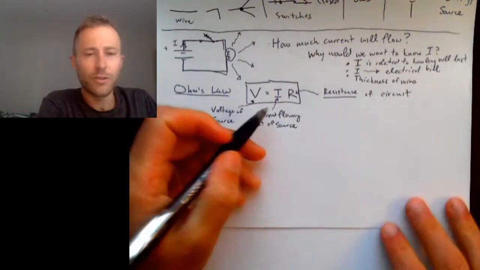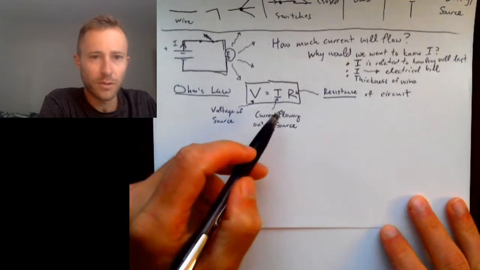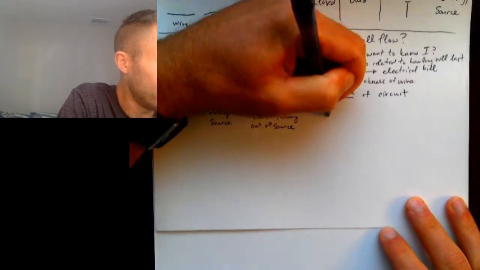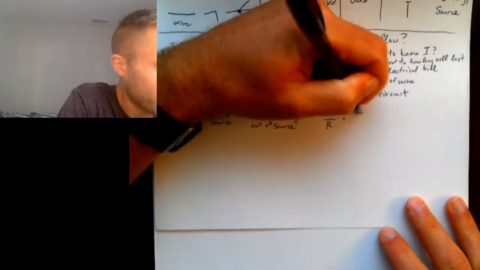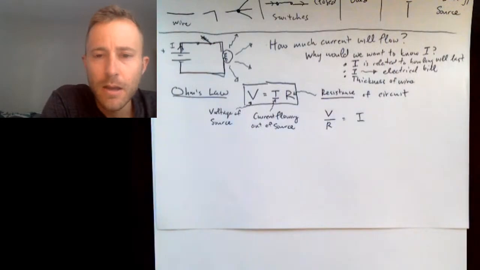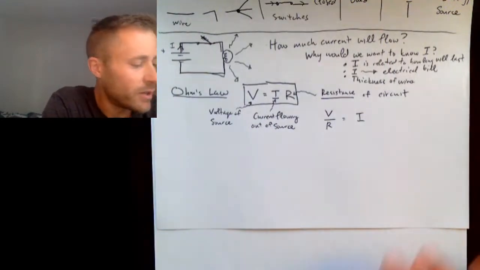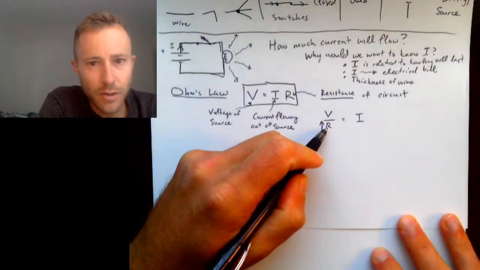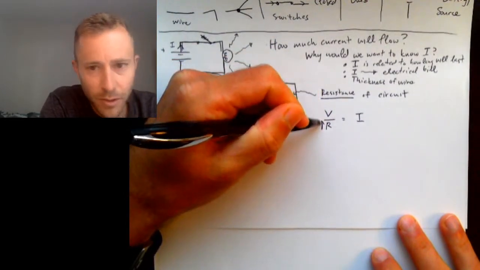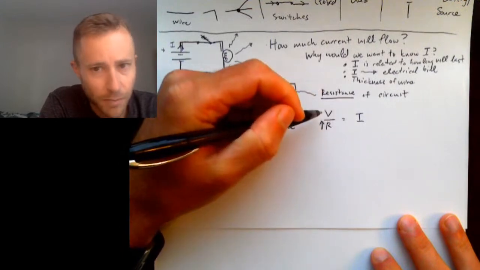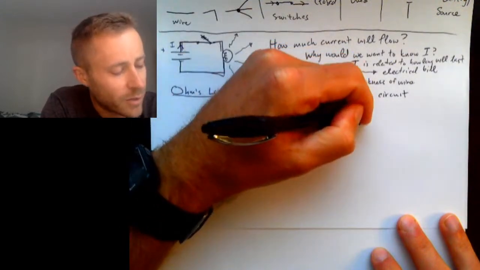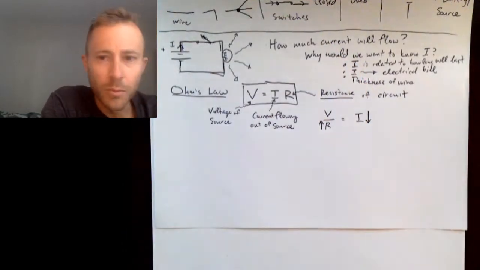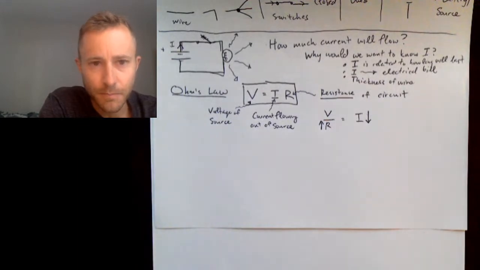So if I take this equation and I divide both sides by R, you get V over R equals I. And so what we can see is that as the resistance increases, because it's on the denominator, making the denominator bigger is going to make the fraction smaller. And so that's going to make the current go down. So more resistance means less current.